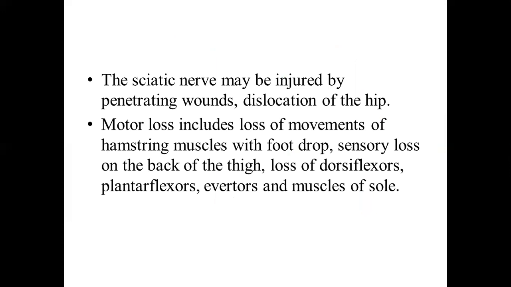There can be motor loss, which includes loss of movements of all the muscles supplied by it, that is hamstring muscles, along with foot drop, as the common peroneal component will be involved. Then there can be sensory loss on the back of the thigh. There can be loss of dorsiflexors, plantar flexors, everters, and muscles of the sole.